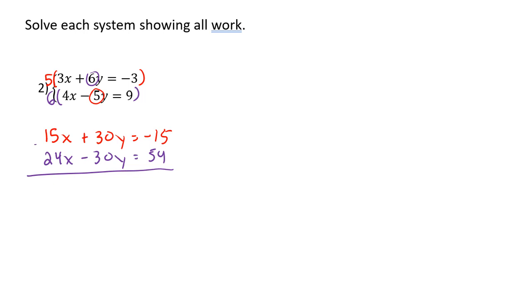Okay. And then we have 15x plus 24x is 39x. The y's are going to equal 0. 54 minus 15 is 39. So divide both sides by 39, and we learn that x is 1. Now that we know what x is, plug it into any of the equations you want, and you're going to find the y value. I'm going to do the first equation.